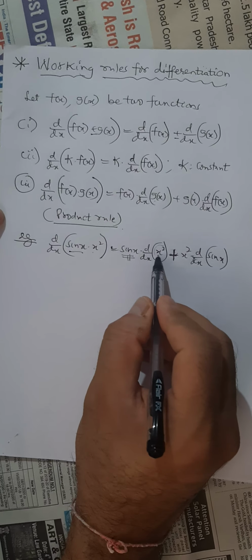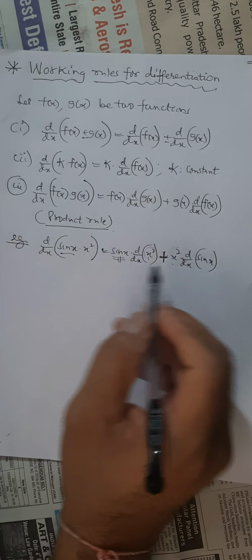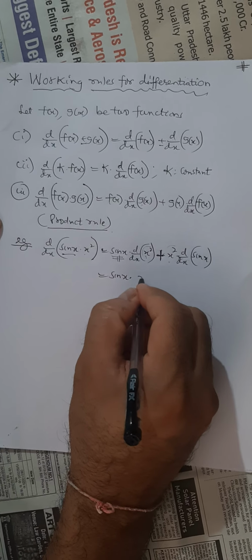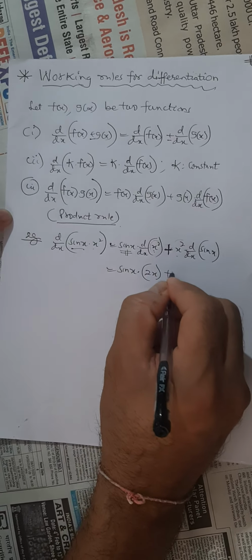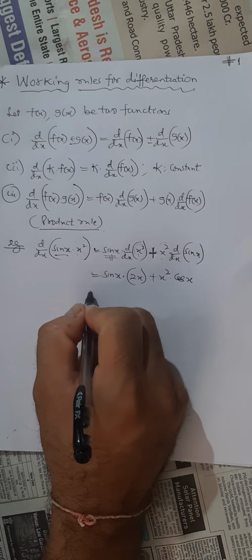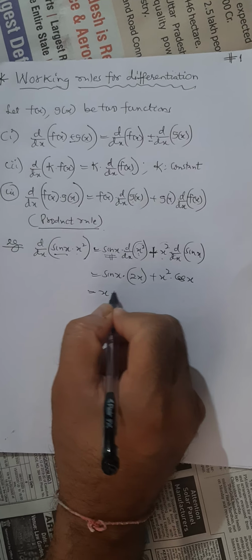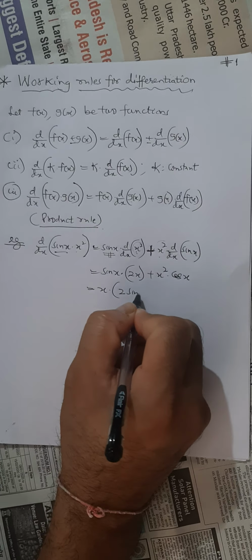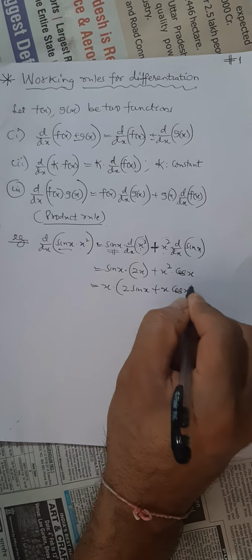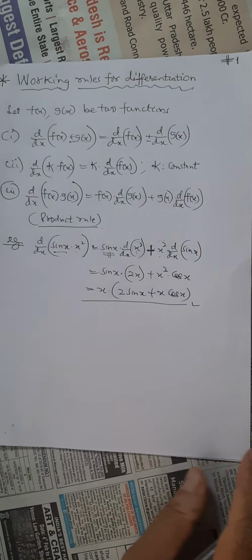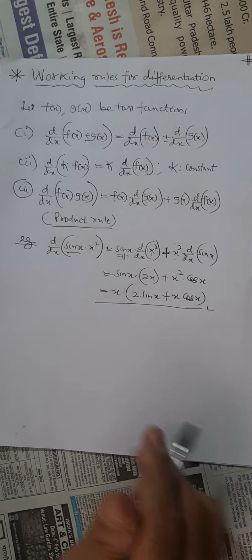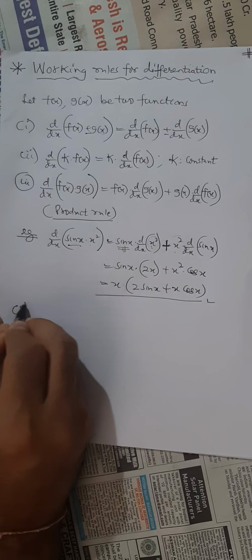Now x square you are going to differentiate here, so sin x as it is, differentiation of x square, now you know 2x, x square as it is, derivative of sin x, you know cos x. If you want, you can just take x outside, so x into (2 sin x plus x cos x). So this is the derivative. This way we use the product rule. Such things you did in 11th. This is just recap of what you did earlier.